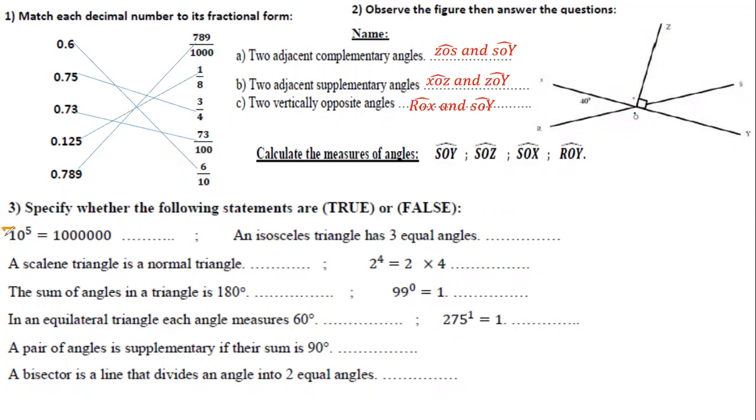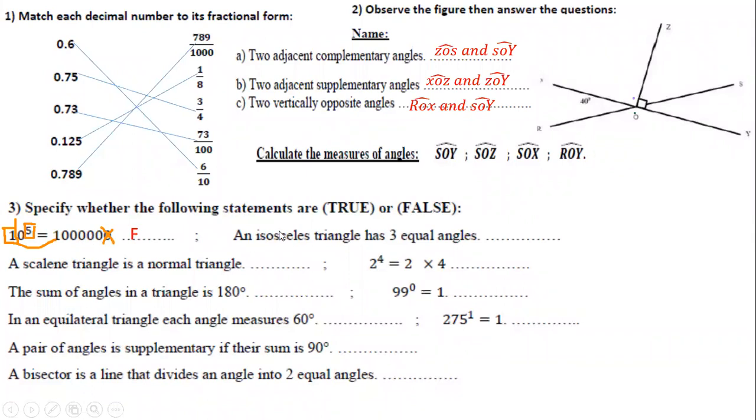We do not take all the 10. We only take the 1. So this one we write here, and to the right of the 1, we write zeros as the exponent. So since the exponent is 5, I should have 5 zeros. Since we have 6 zeros, this is false. It should have 5 zeros and not 6 zeros.